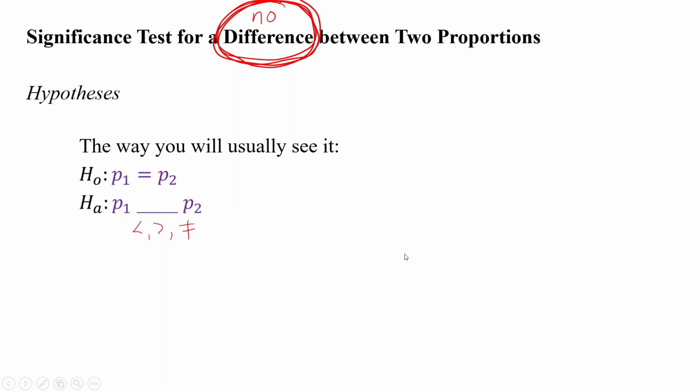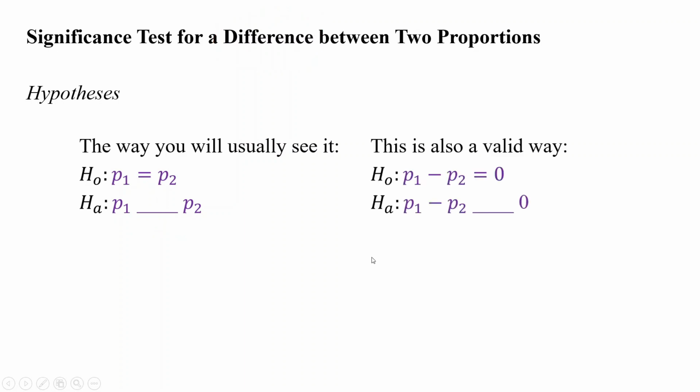Another way you will see it, which some textbooks use, is putting the difference, that subtraction, on one side and then 0 on the other side. You could really set it up either way. On a free response problem, either of these is correct. Algebraically, if you subtract P2 from both sides, you get P1 minus P2 and you're left with 0 on the right side.